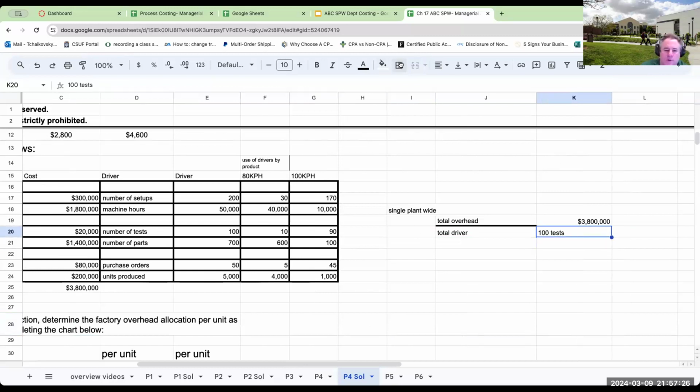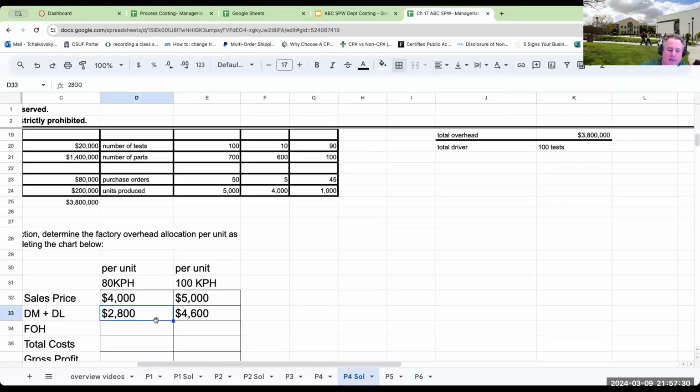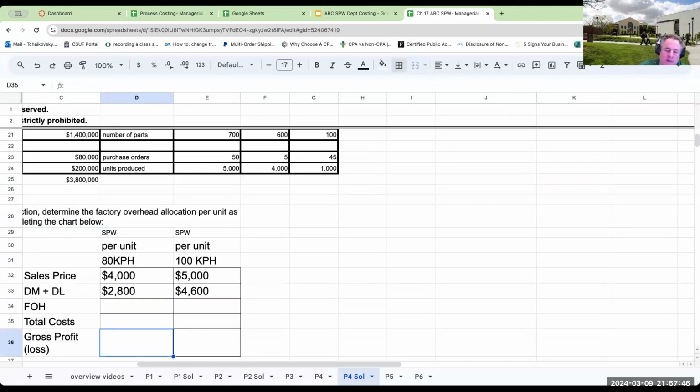So coming over here, again, I need to figure out the per unit factory overhead for single plant wide for the 80 kph and for the 100 kph. I then need to figure out what my total costs are, and that'll give me my gross profit or my loss.